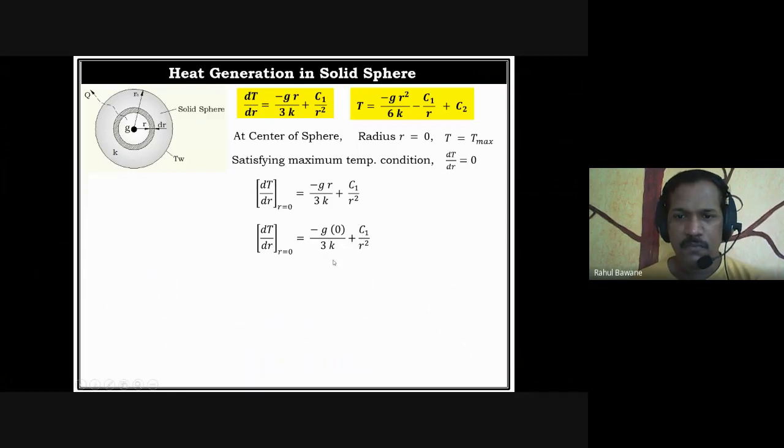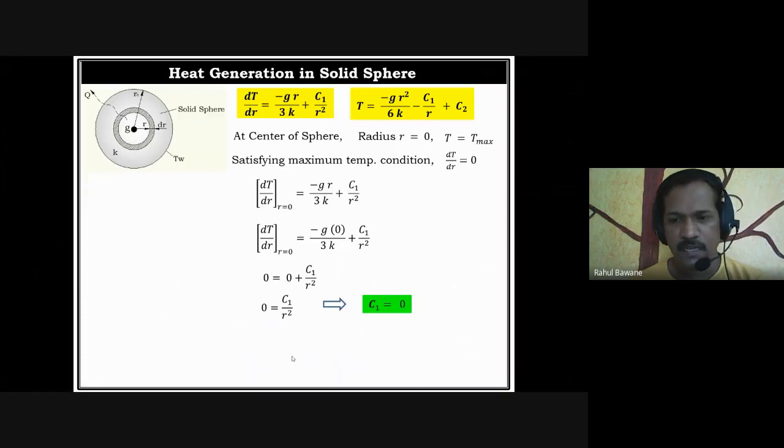So don't put 0 directly there. Now dT by dr is 0, the first term becomes 0, plus c1 upon r square. So we get c1 upon r square equal to 0. Now we shift this r square, so we get C1 equals 0.